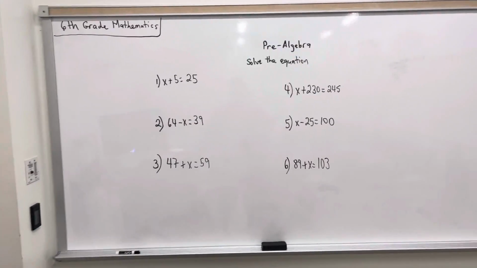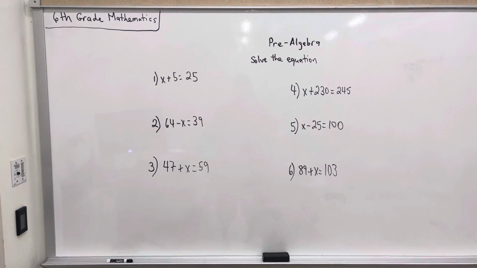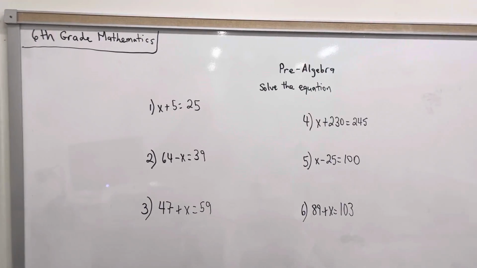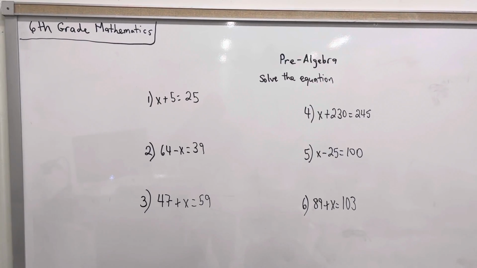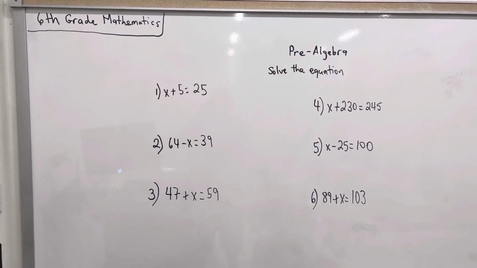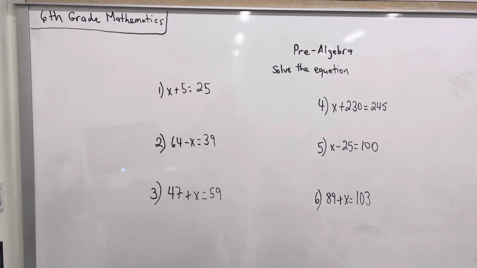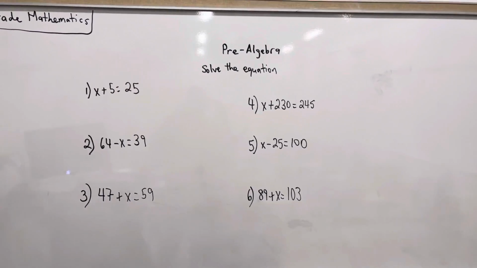When we do pre-algebra, the main objective is to get x to itself. When x is not by itself, like in these problems here, then there's a problem. But since we're all going to work on them together, trust me, we're going to knock it out. So let's write the objective down.